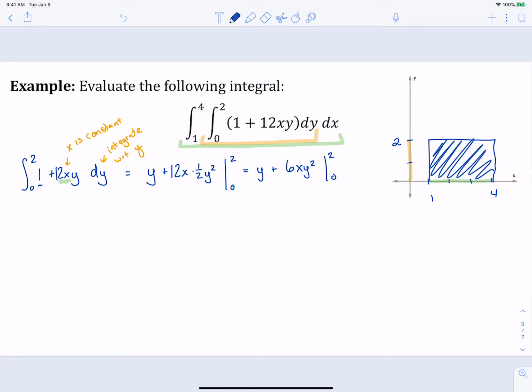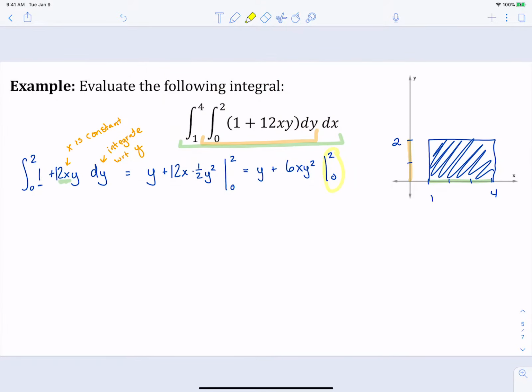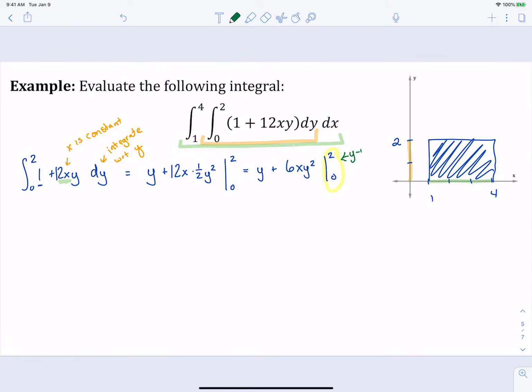Now remember, these guys over here are y values. Ooh, that's too light for us to read. Let's grab this. Those guys are y values. So when we plug them into our function, we are only plugging them into y. So we get 2 plus 6x.